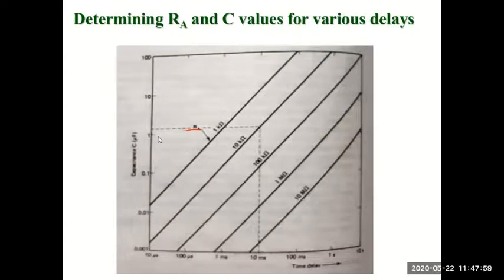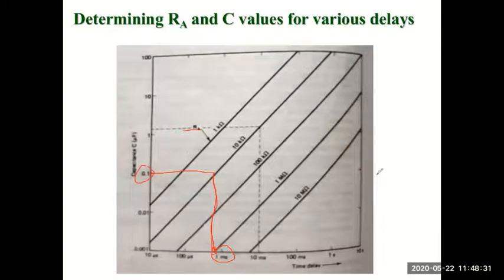So approximately, if I want a timing delay of say 1 millisecond and I am ready to use a 10K resistor, for example, if I drop a perpendicular from this to the resistance curve, I am using a 10K resistor. You will see the corresponding capacitance value will be something around 0.1 microfarad.